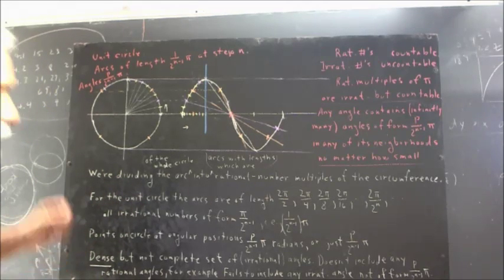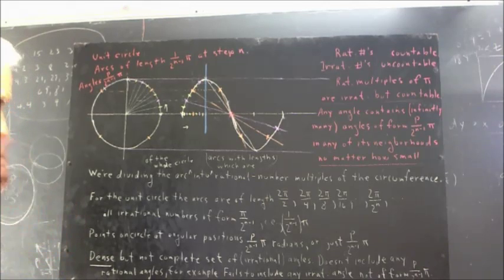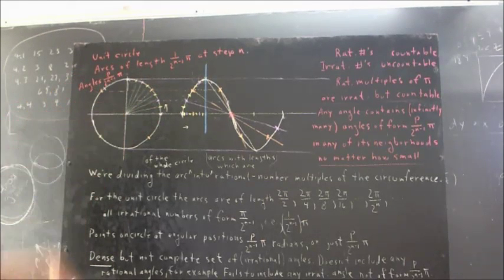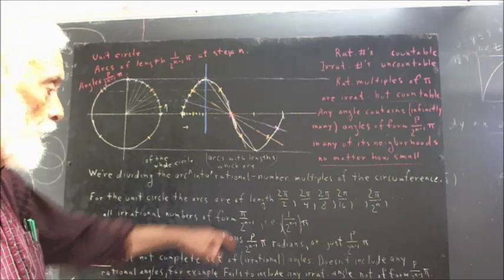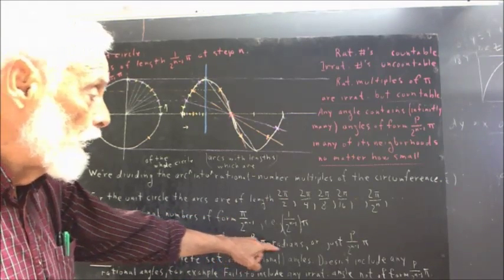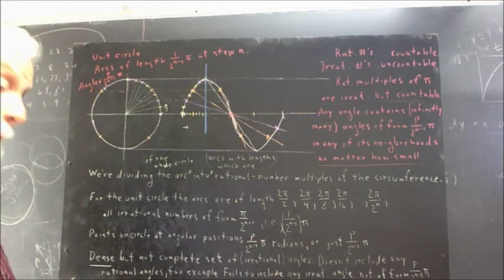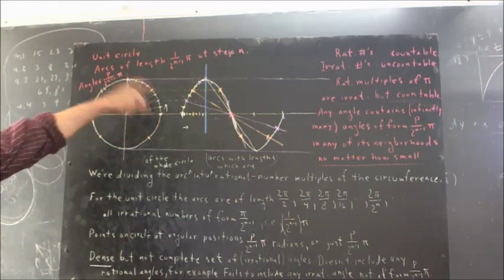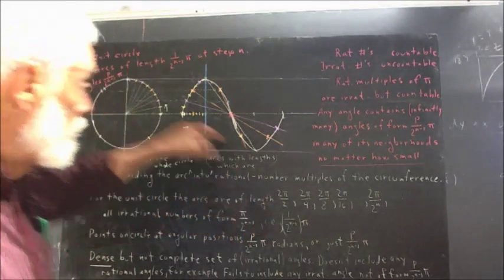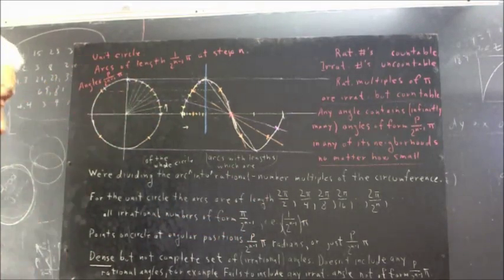So the bottom line is, by this sort of argument, the only possible points that we can get on the circle are the ones that have angular positions p over 2 to the n minus 1 pi radians. And the arc distances are just p over 2 to the n minus 1 pi units on the unit circle.